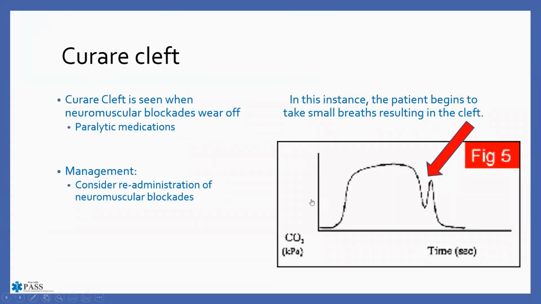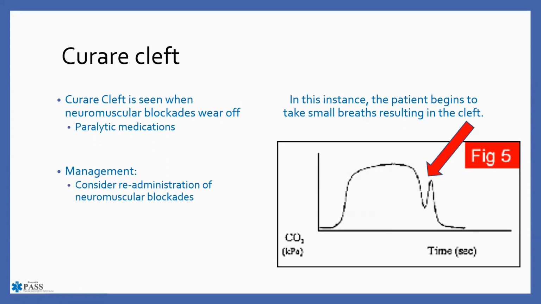All right, the curare cleft. The curare cleft is when neuromuscular blockades start to wear off, and those are from your paralytic medication. So maybe they were paralyzed with vecuronium or rocuronium or succinylcholine.